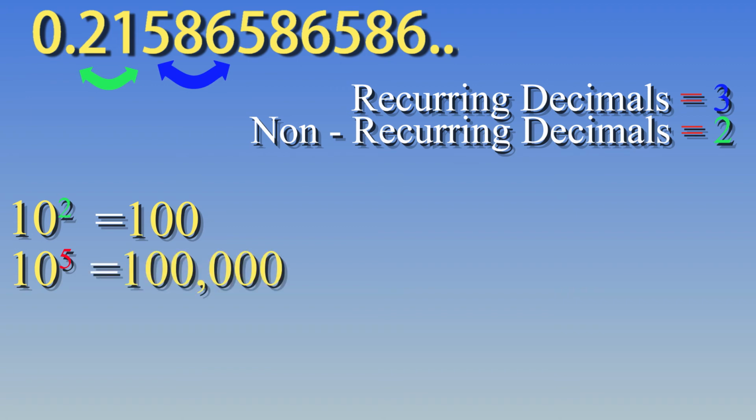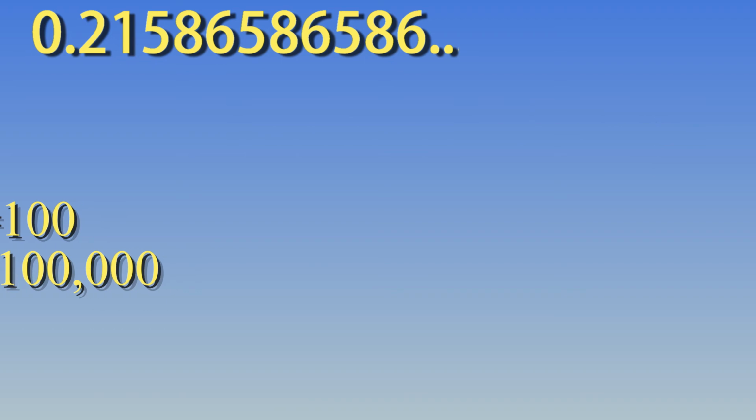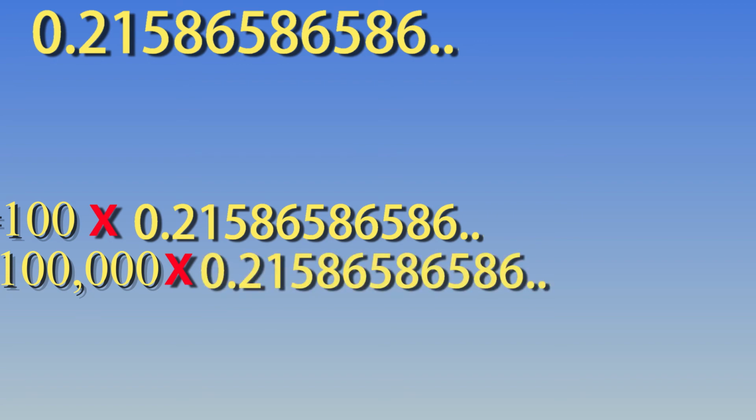We then generate two numbers by multiplying the recurring decimal by each of these two powers of 10. So we get 10 to the power of 2 times the recurring decimal, which is 100 times the recurring decimal, and we get 10 to the power of 5 times the recurring decimal, which is 100,000 times the recurring decimal.